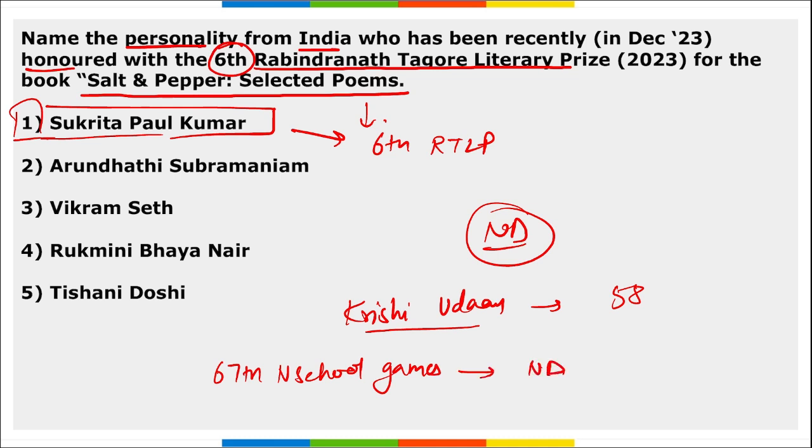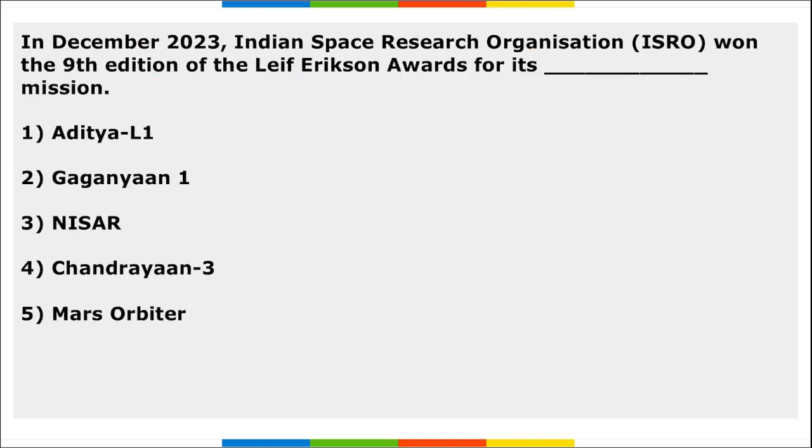Then apart from this, tell me, the Central Tribal University. In which state will this be set up? In Telangana. Next, ISRO won the 9th edition of the Leif Erikson Award for its Dash mission.